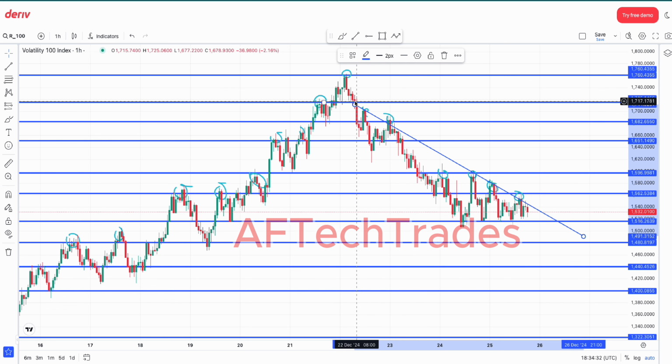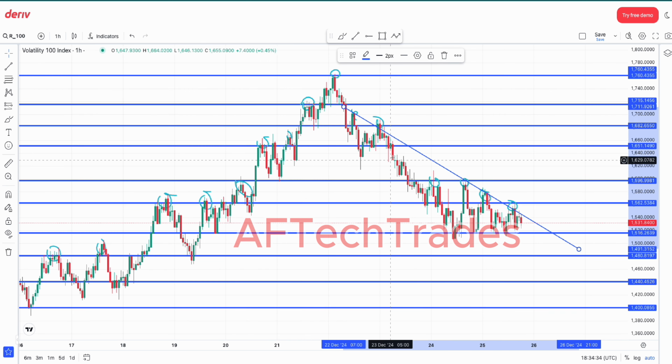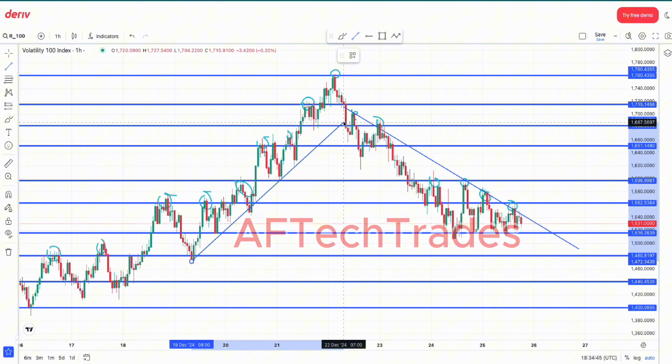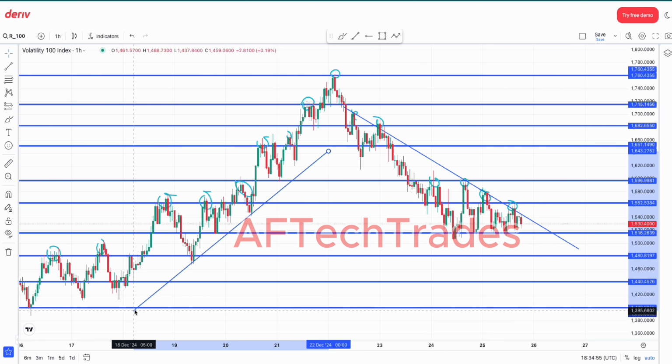candlestick, right? So we have marked this trend line. What you do next is to mark, if you met the market in a buy situation, right? If you met the market in a buy situation, you have to mark this trend line.